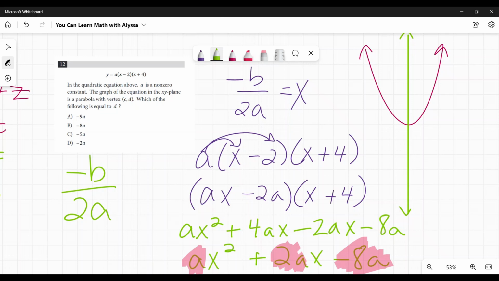So second constant is 2a, so I want the opposite of that. That's what that negative means, do the opposite. So that's going to be negative 2a. And then the bottom is 2 times the first constant. Well, the first constant is a.